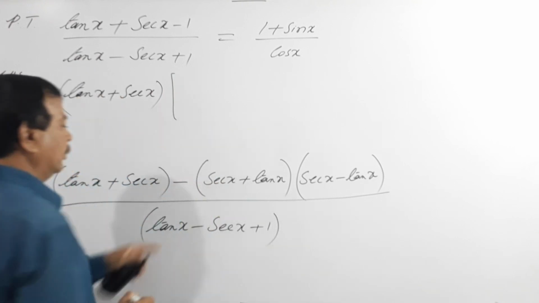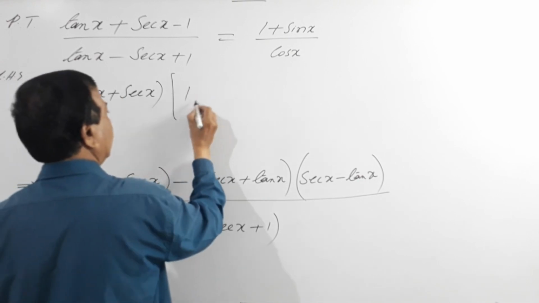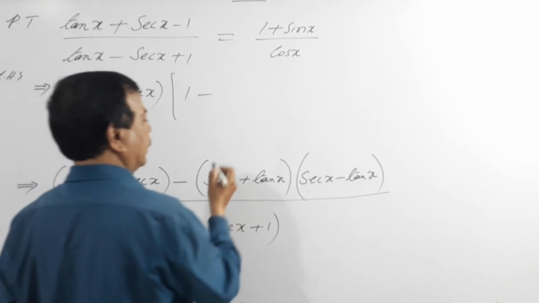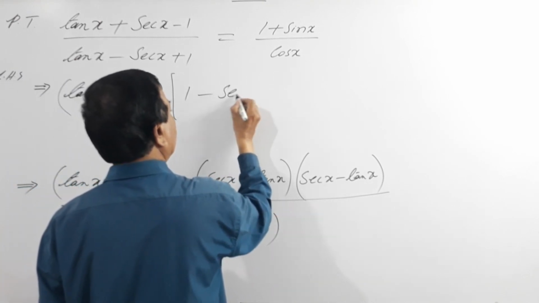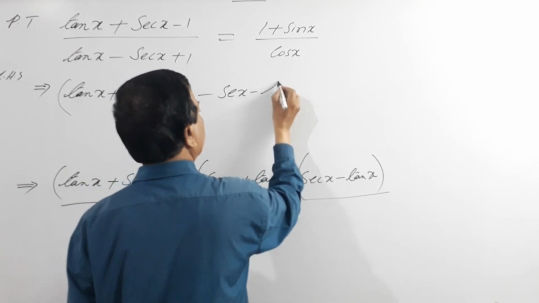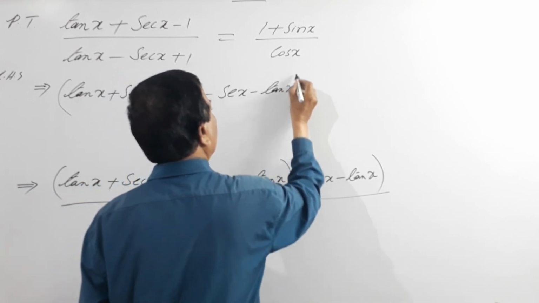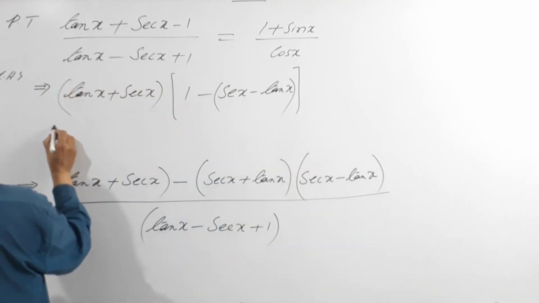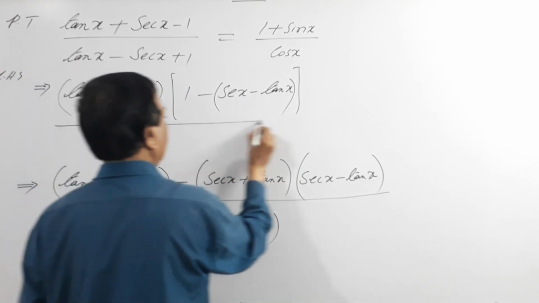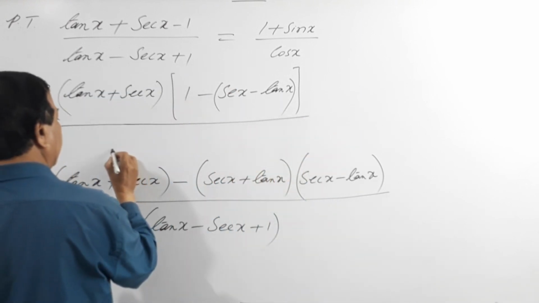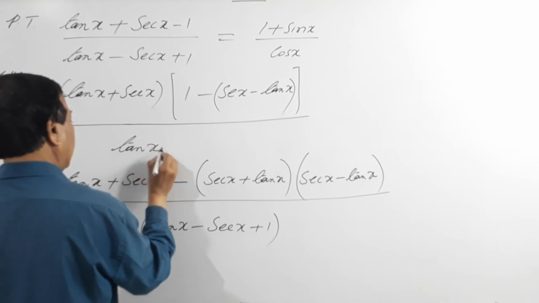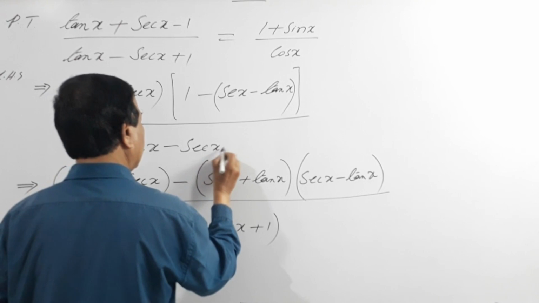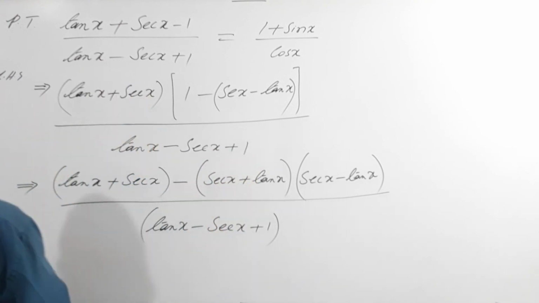So this will be 1 minus secant x minus tan x, secant x minus tan x within brackets, divided by tan x minus secant x plus 1.